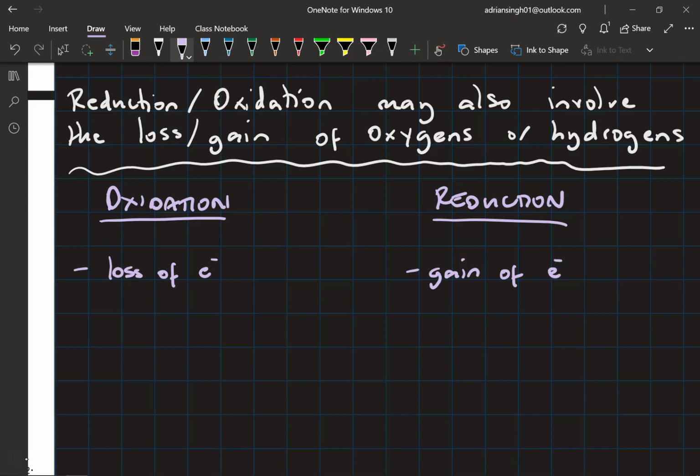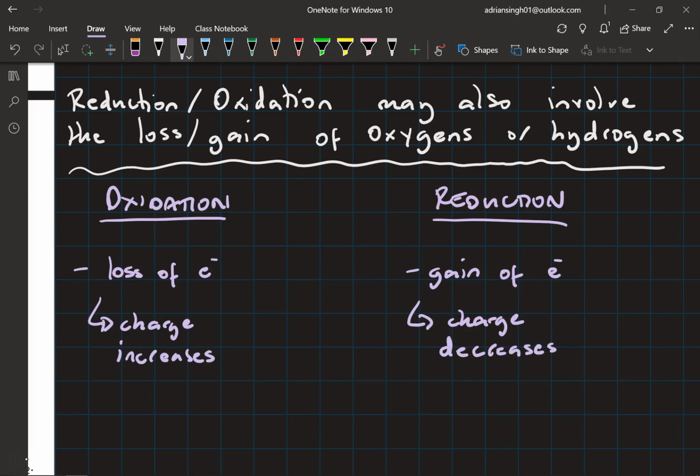And this then is manifested in the charge, all right? In an oxidation, the charge on that species increases, becomes more positive, which means for reduction then the charge would decrease, become more negative. Okay, so that's the first thing we can look at.